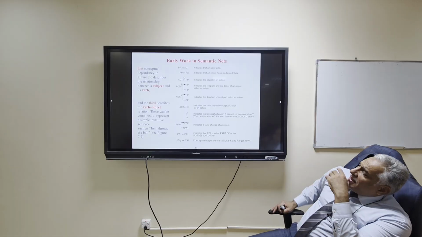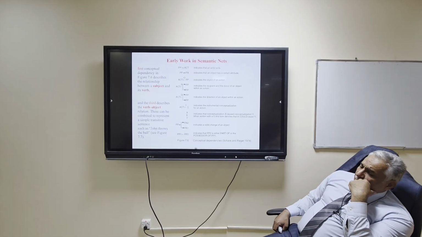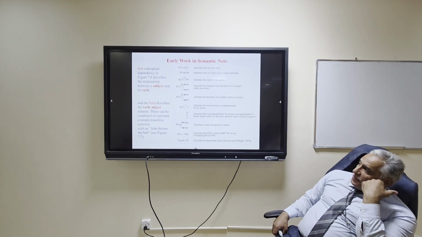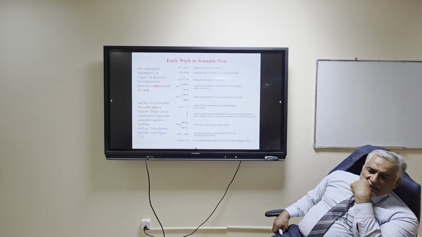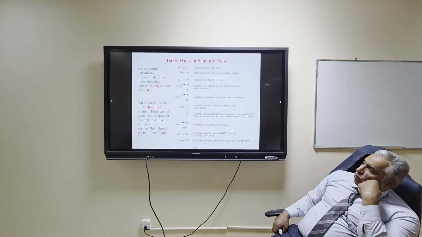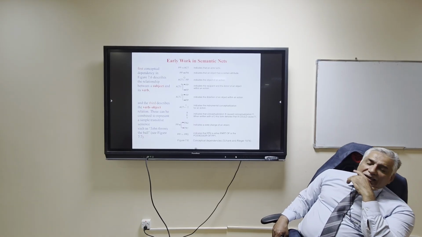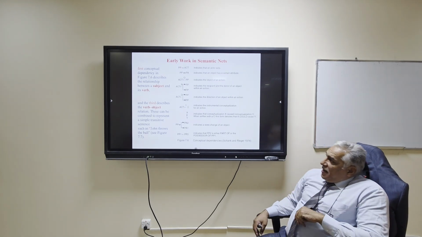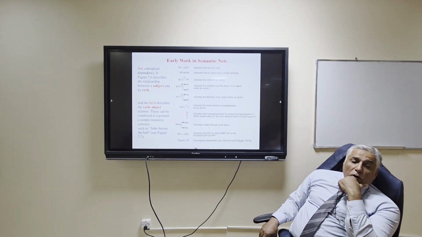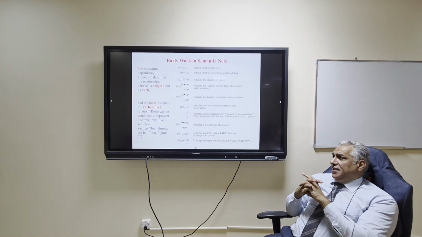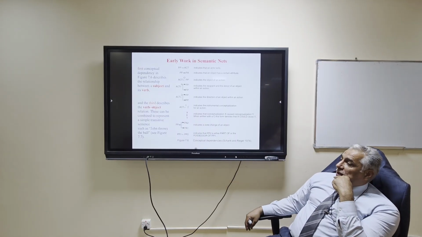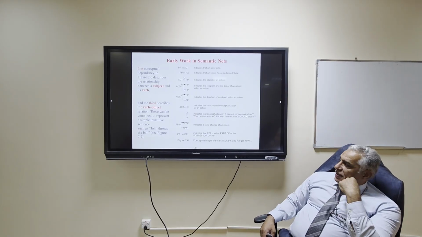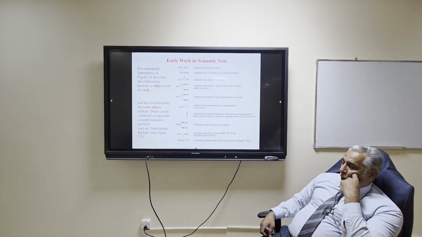Now this is the main thing that we use in the semantic network when we represent. First, conceptual dependency in figure 7.6 describes the relationship between a subject and its verb. And the third describes the verb-object relationship. These can be presented as a simple transitive sentence, such as John throws the ball.